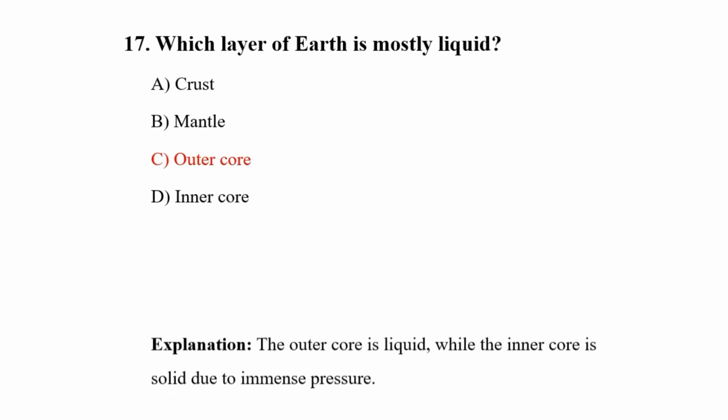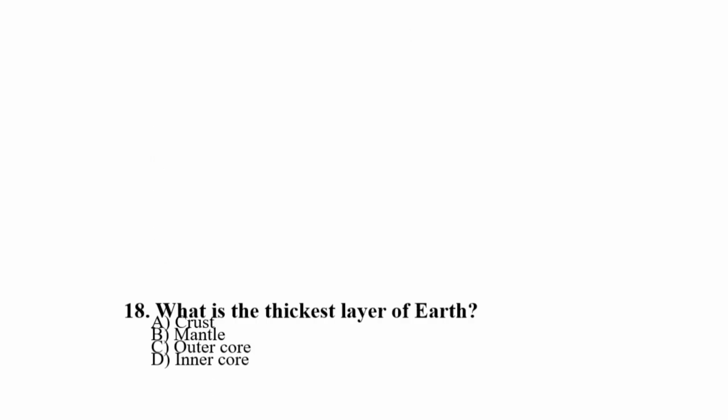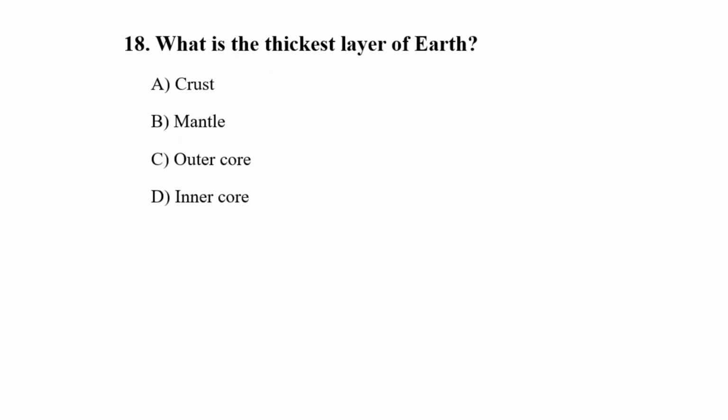The outer core is liquid, while the inner core is solid due to immense pressure. Question number 18. What is the thickest layer of Earth? A. Crust. B. Mantle. C. Outer core. D. Inner core.